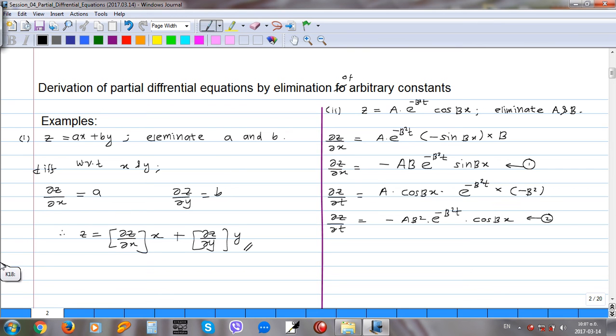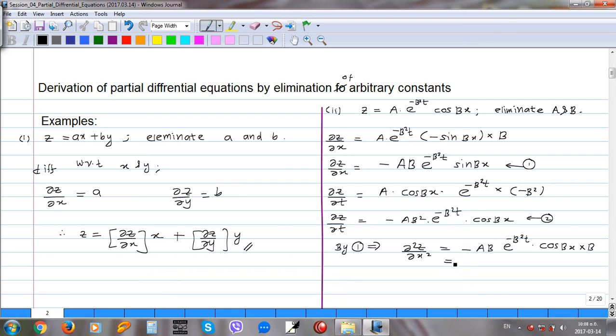Now I can differentiate the first equation again with respect to x. ∂²z/∂x² equals minus a b e to the power minus b squared t, these are constants, then sin bx differentiates to cos bx multiplied by b again.